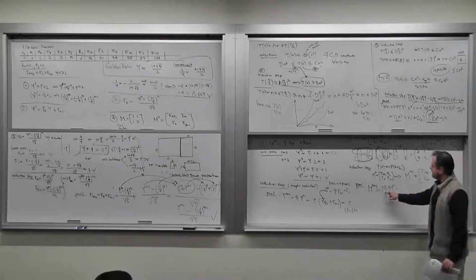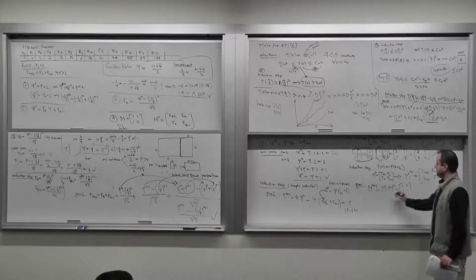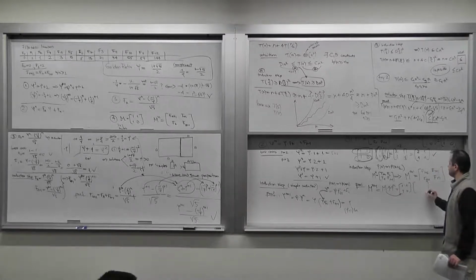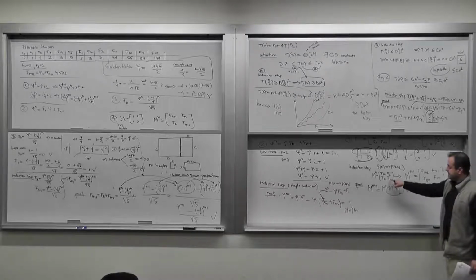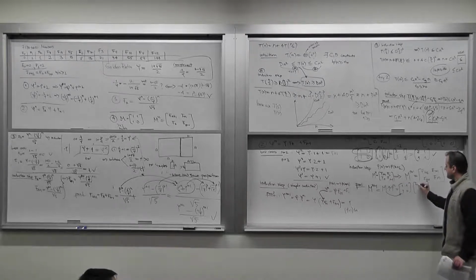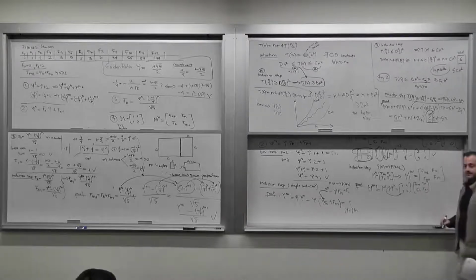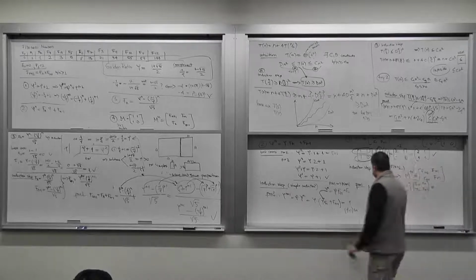So who's this first M? 1, 1, 1, 0. That's M. And who is, by induction hypothesis, M at n? F(n+1), F(n), F(n), F(n-1). Right?